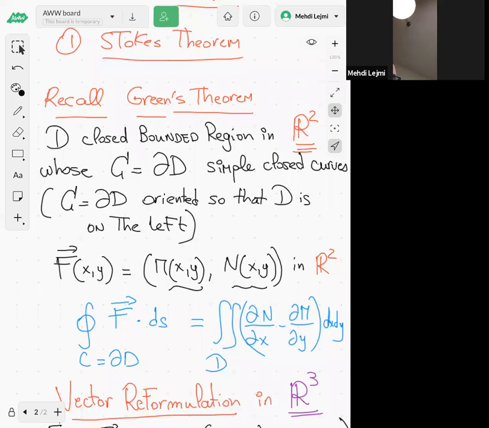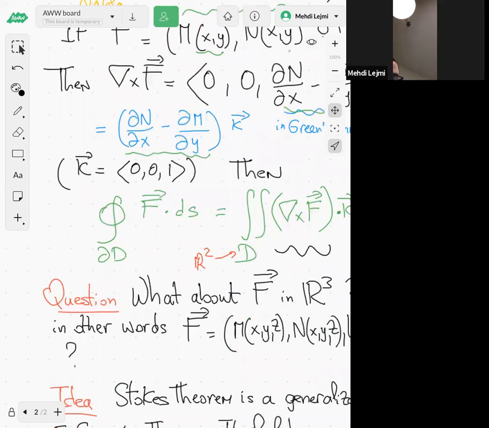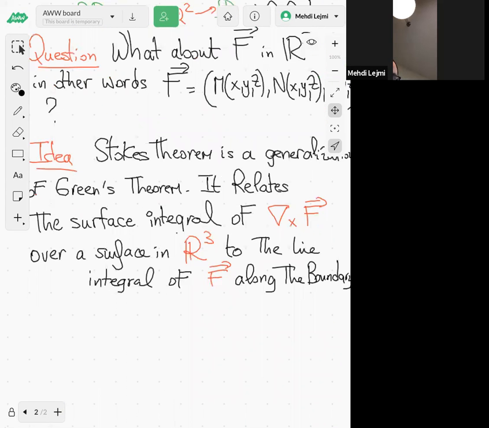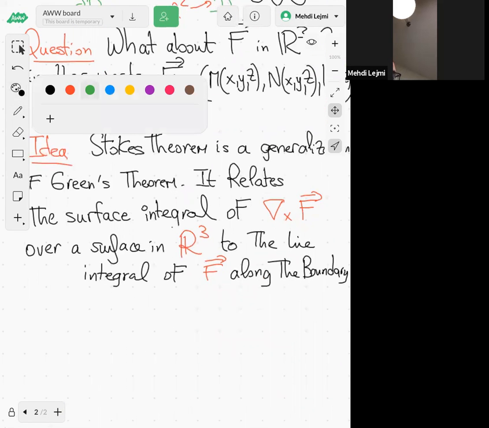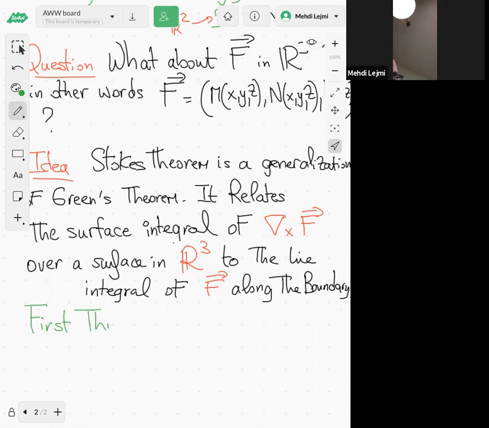First, I'm going to fix the orientation of our surface.